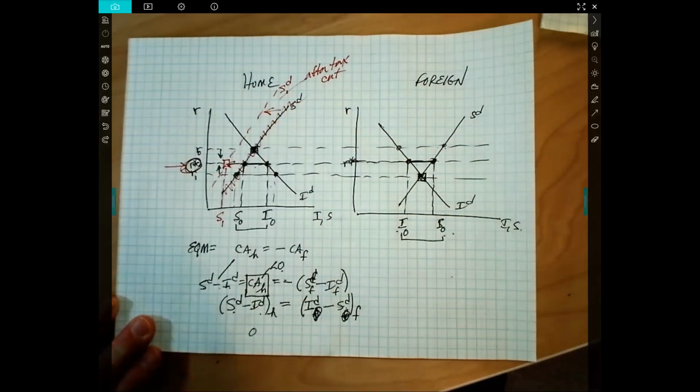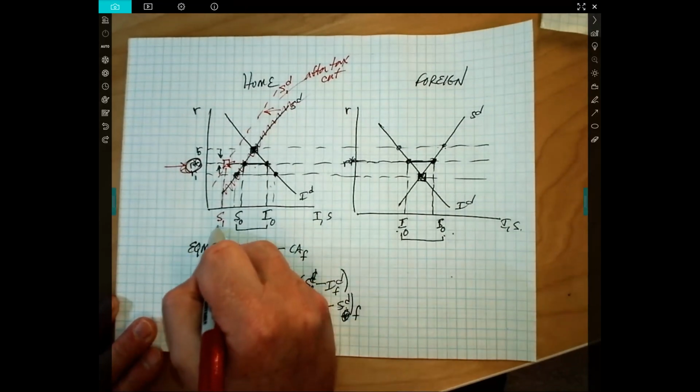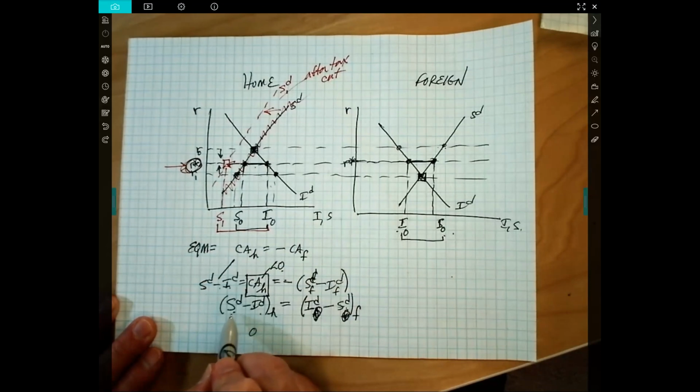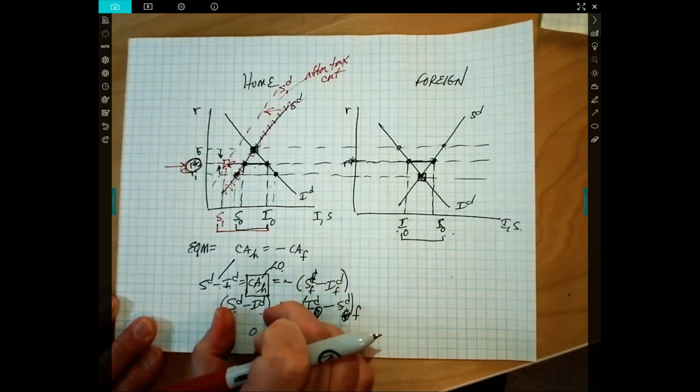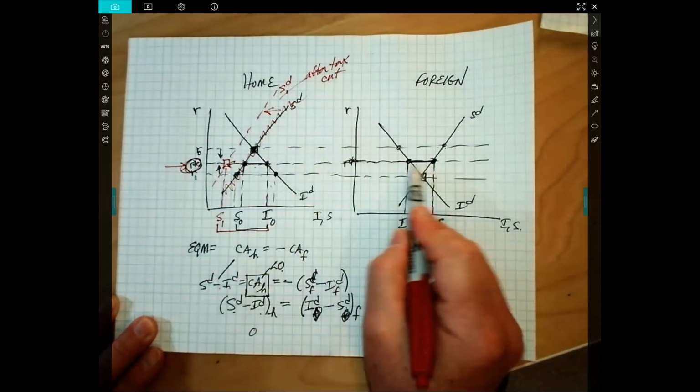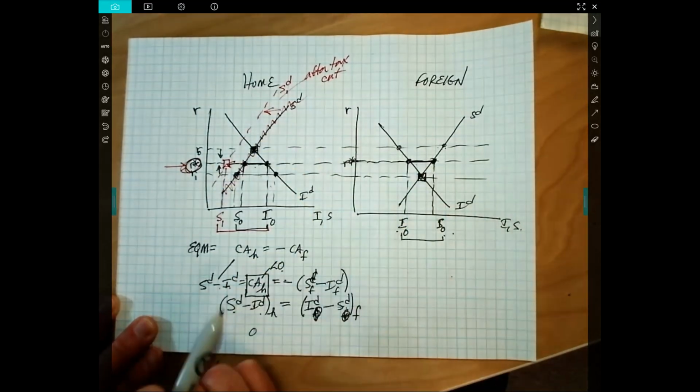So now, before there's any change in the interest rate, what's true? There's a bigger difference between saving and investment in the home country. So that distance between saving and investment isn't equal to the opposite in the other country anymore. What's actually happening?